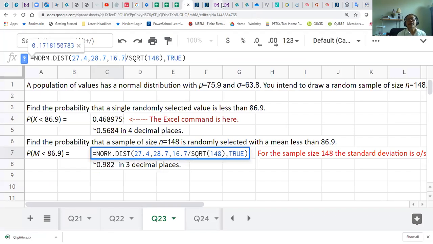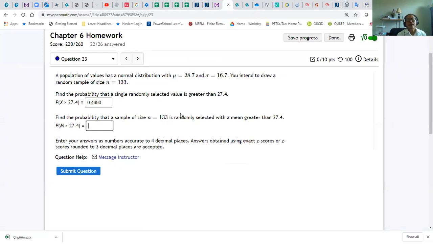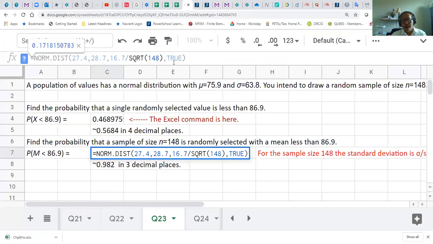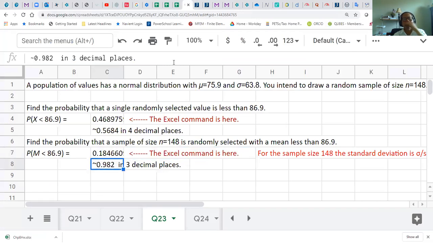And the sample size here is 133. Okay, so here is 1, 2, 3. If you're looking for 3 decimal places, the answer will be 0.185.